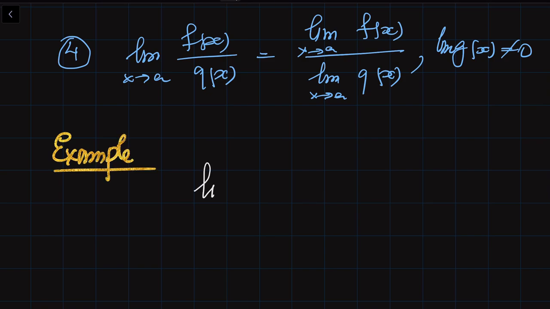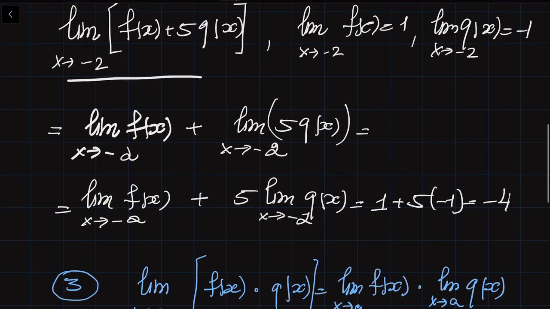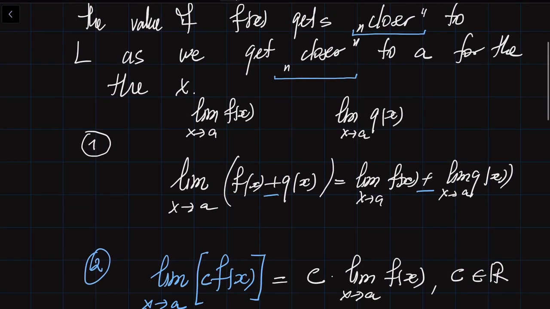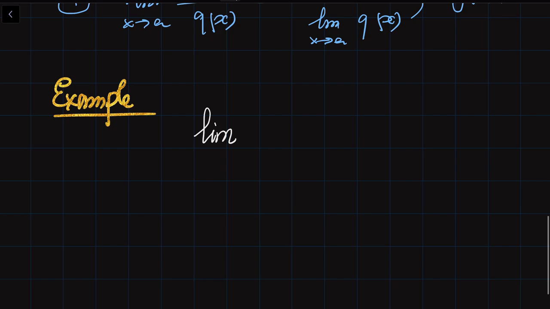We are going to evaluate the limit of the function (2x + 3) divided by (5 - 3x). Okay, so let's evaluate this limit when x approaches 1.